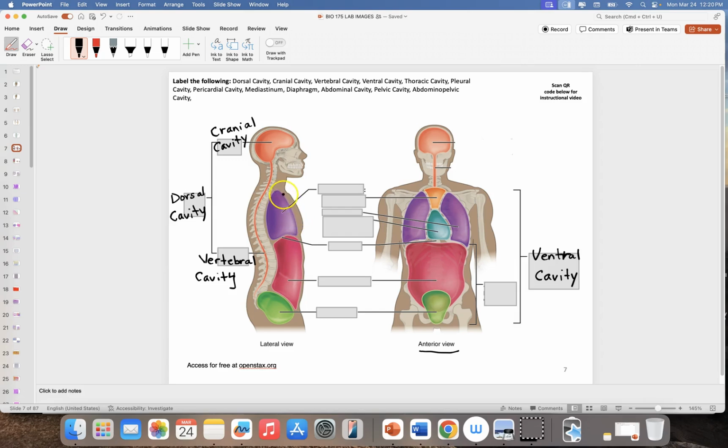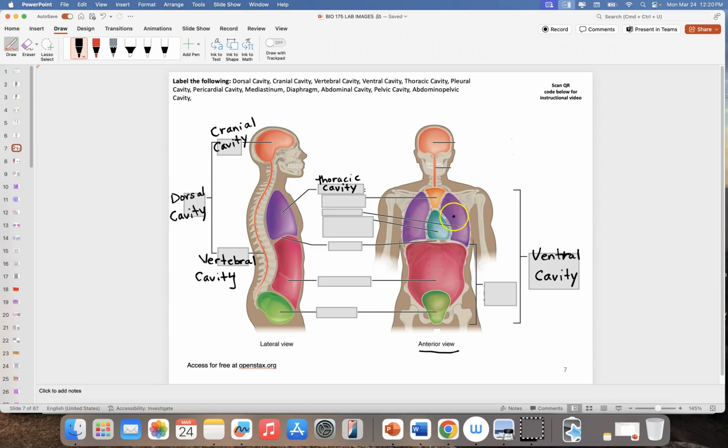We have this chest cavity here, and that's going to be the thoracic cavity. And the thoracic cavity is going to contain the cavities that house the lungs and the cavity that houses the heart.